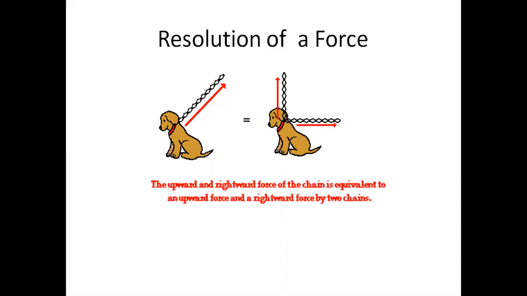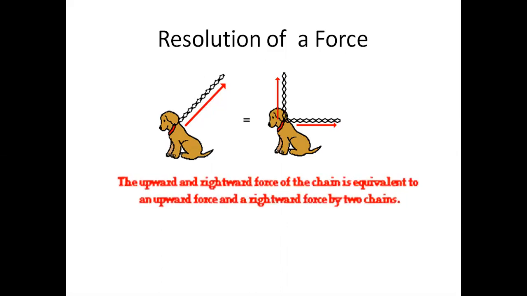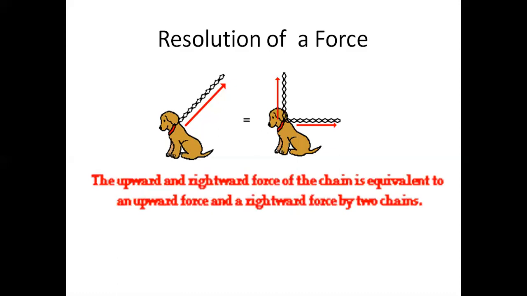So here we see the upward and rightward force of the chain is equivalent to an upward force and a rightward force by two chains. That means a single chain is used here. If we use two chains, one controlled by one person and the other by another person, it will have the same effect.